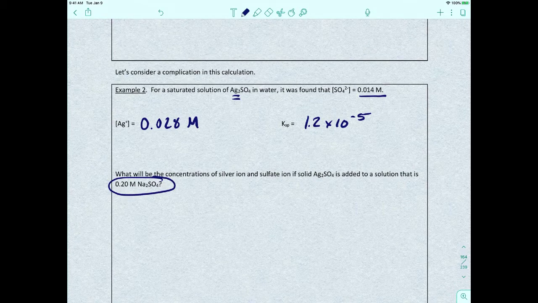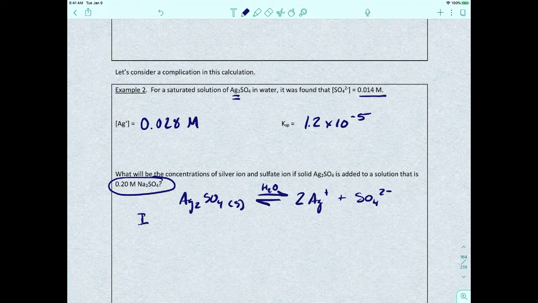Initially, let's get an equation done. You've got Ag2SO4, which is your solid. It's dissolved in water, and you form 2 moles of silver ions, and you've got sulfate ion. Initially, you've got no silver, but you know that you've got 0.2 molar of sodium sulfate, so you've already got 0.2 molar sulfate in solution.